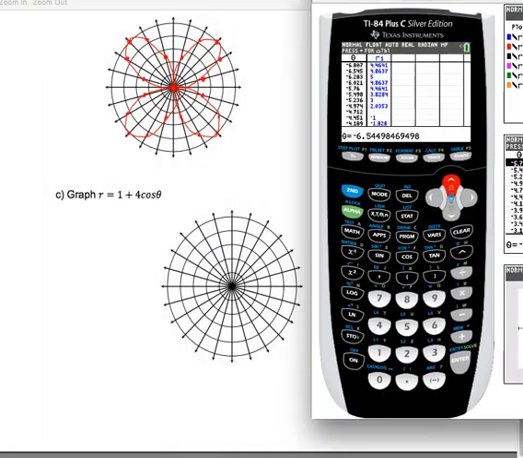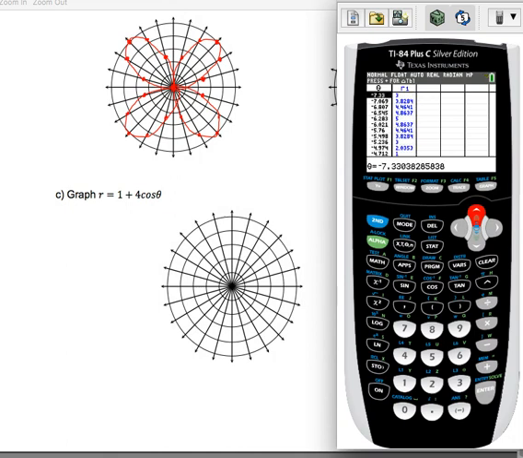Well, I'm going to have to ignore that one and just press it into the calculator that I have sitting handheld in front of me, because that is super annoying and I don't want you to have to wait for it. So I'm going to type that in here, 1 plus 4 cosine theta. And we need to be in polar mode. It's still going. It is really stuck there. So polar mode, table set.